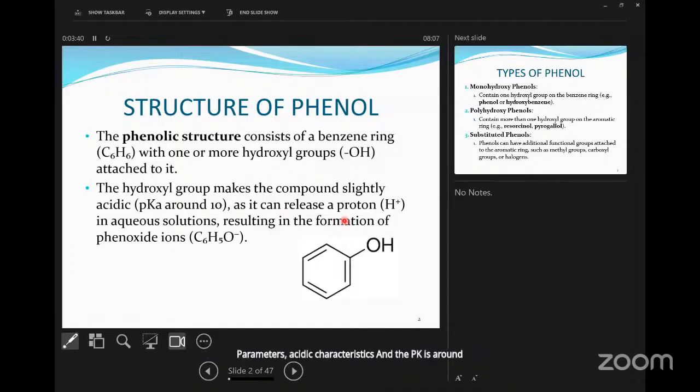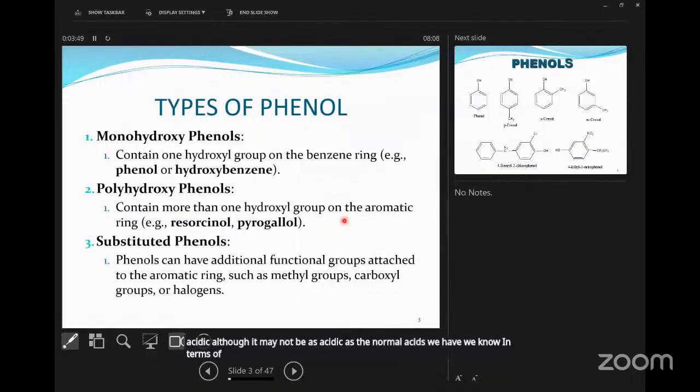So it's actually acidic, although it may not be as acidic as the normal acids we know, but in terms of organic compounds, it is acidic. So that is one of the characteristics I want you to know about phenol, because we are going to use that in most of its reactions.